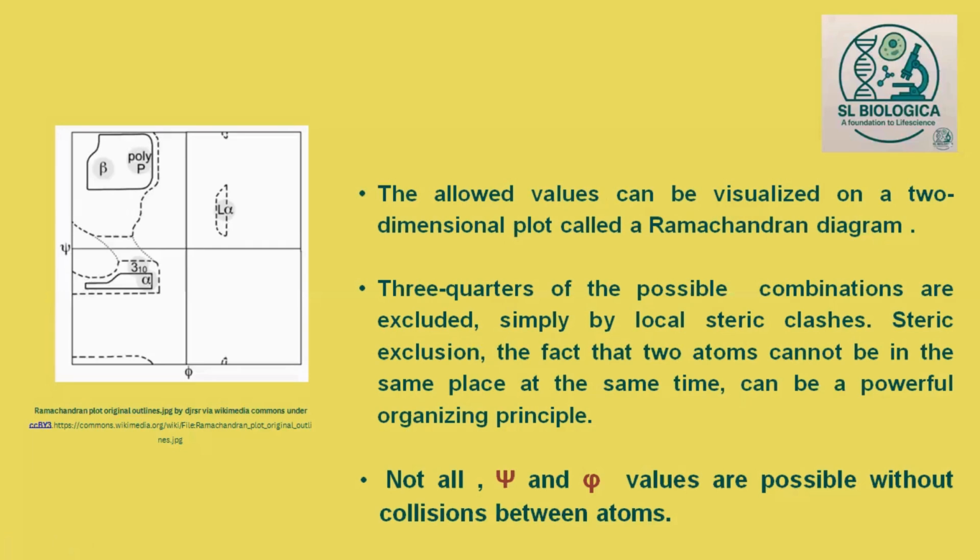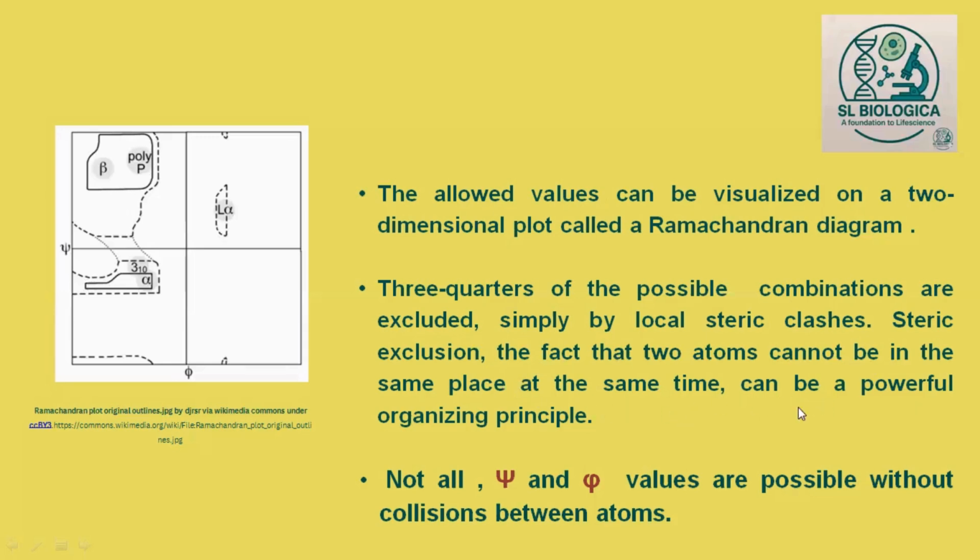Like this, the first quadrant is represented by the right-handed alpha helix form, the second quarter is represented by the beta pleated sheet form, and the third quarter is represented by the left-handed alpha helix form.